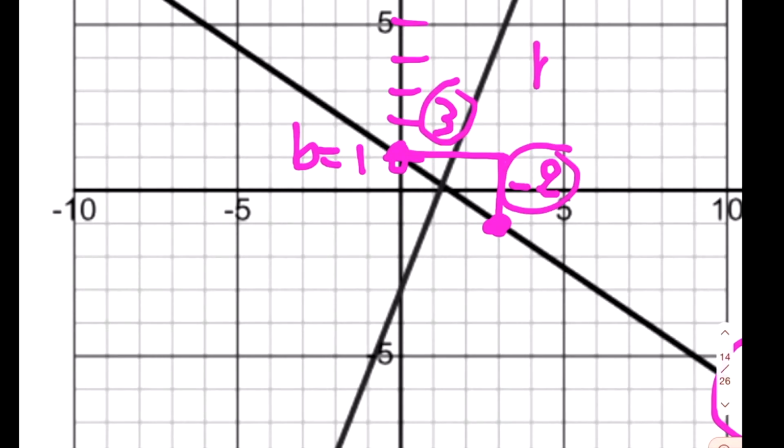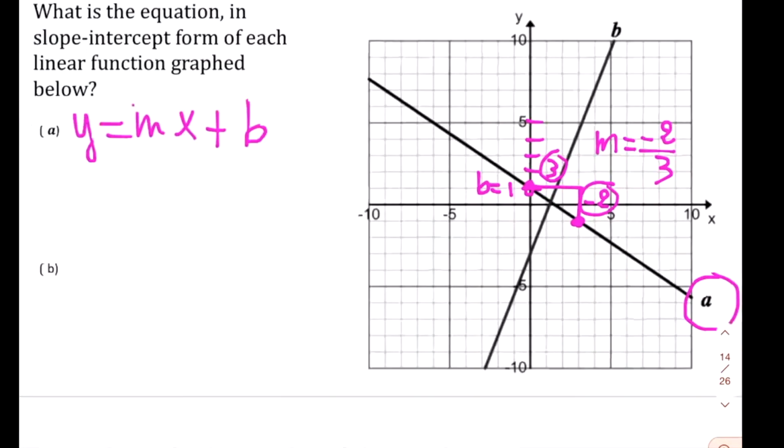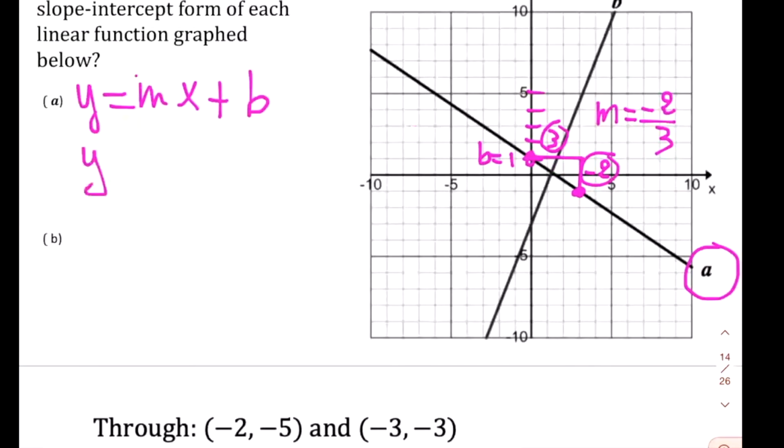That's your slope. m equals negative 2 over 3. Now we go to the equation. So y equals negative 2 over 3, which is the slope, times x plus b, which is 1. Any question? No. Okay, I explained to you how to get it.